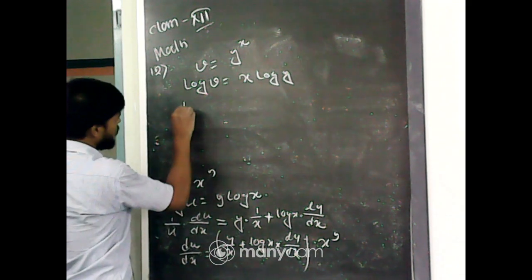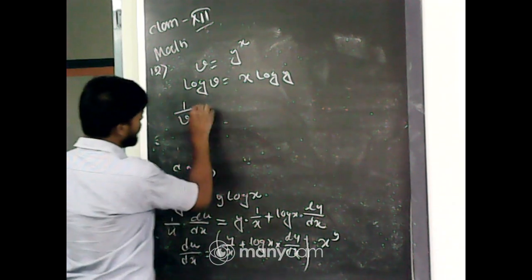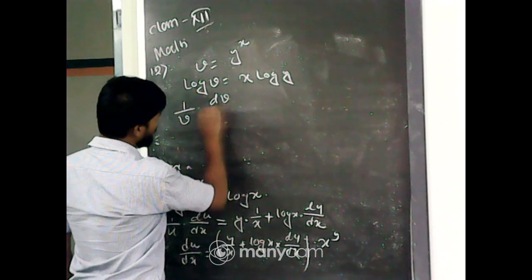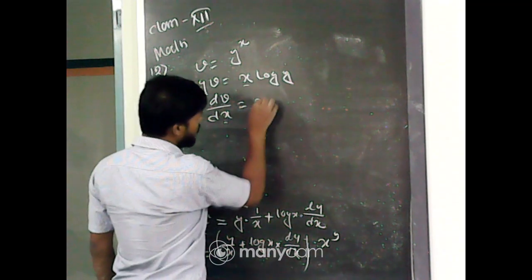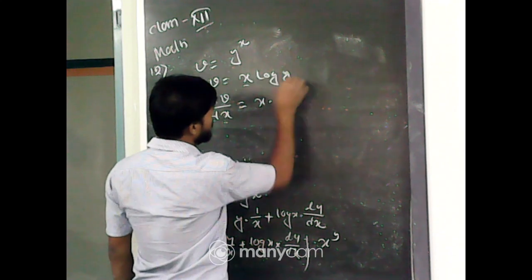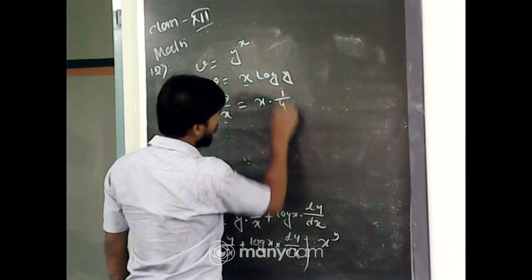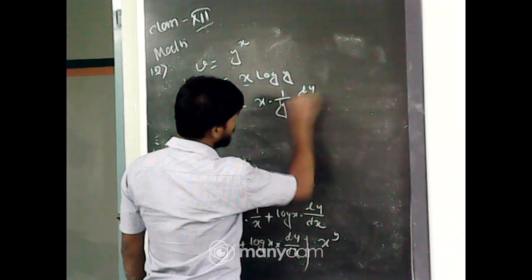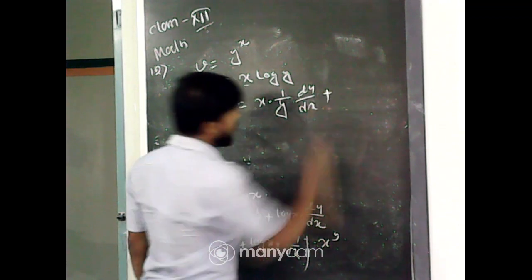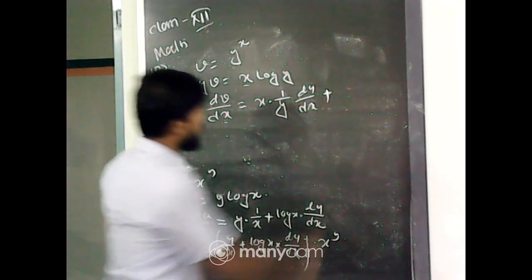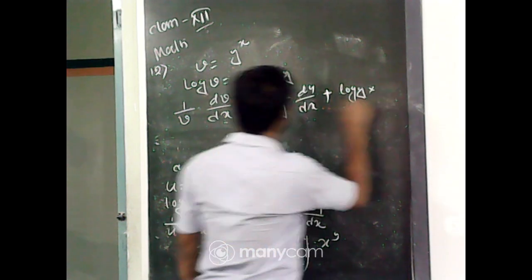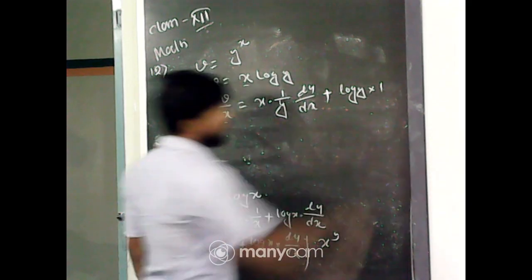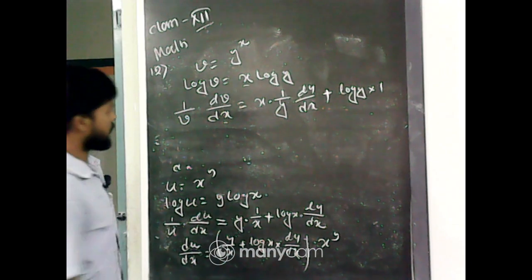So we have 1 by v into dv/dx is equal to, first function fixed into derivative of second function, which is 1 by y dy/dx, plus second function log y fixed into derivative of the first function, derivative of x, which is equal to 1.